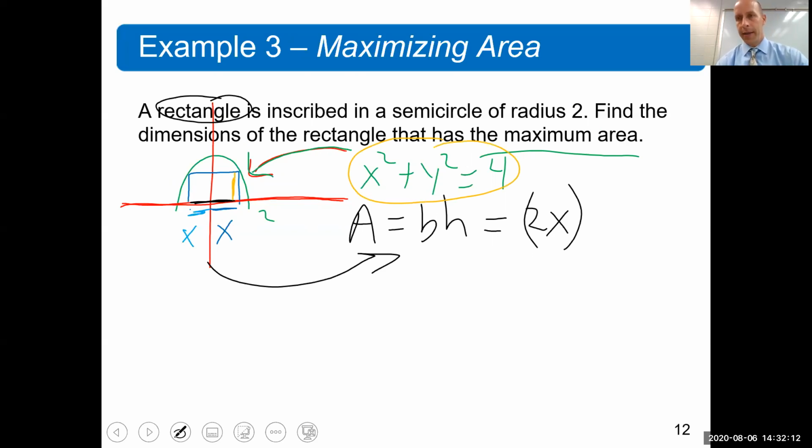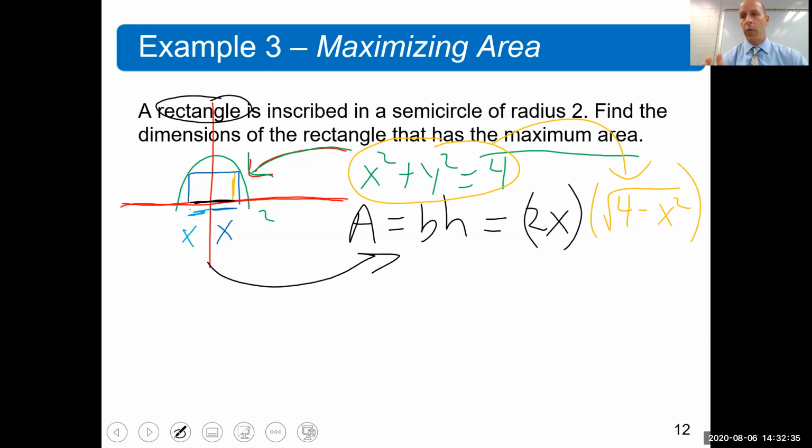Now, I'm going to skip some steps, but you could solve for y by subtracting x squared over and then doing the square root. So this would be the square root of 4 minus x squared. That's what y is. So the base of the rectangle is 2x. The height of the rectangle is the square root of 4 minus x squared.